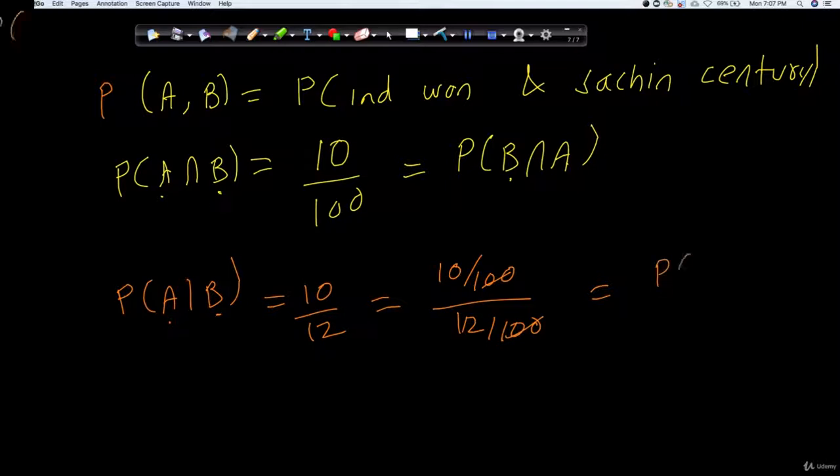So can I define it like this? Probability A intersection B divided by probability B. Think about it, right? Can I write this? This is exactly what we have just computed here. Awesome. So let me note this down more clearly here.